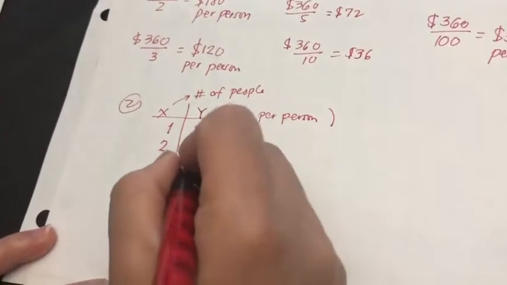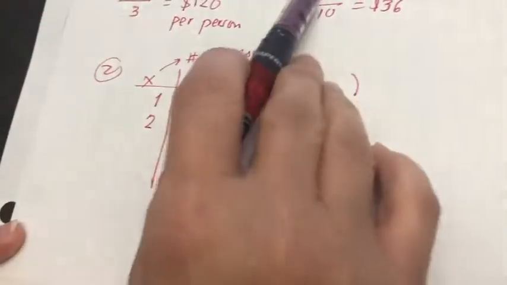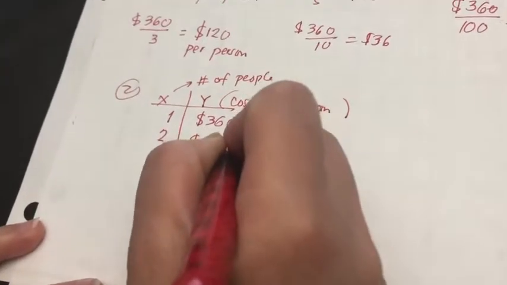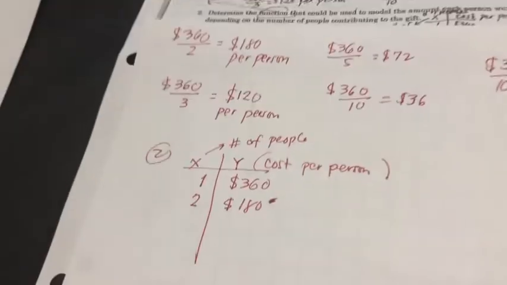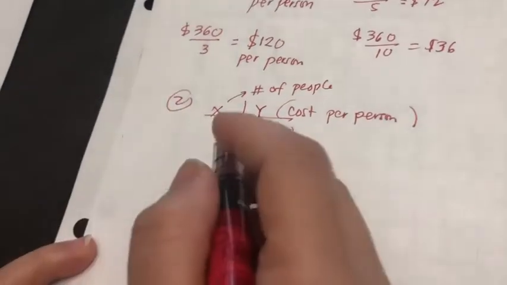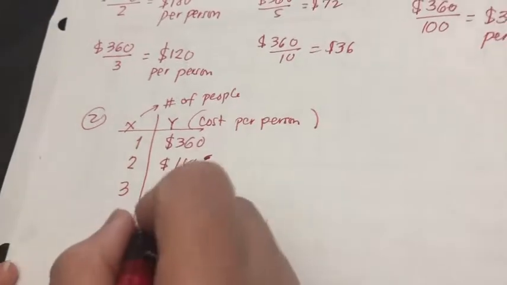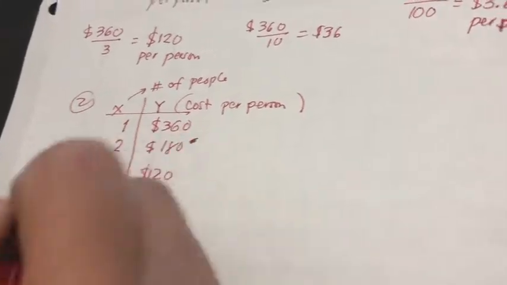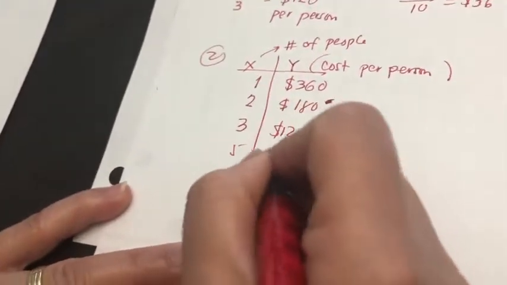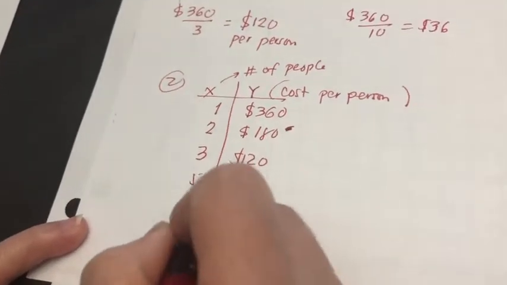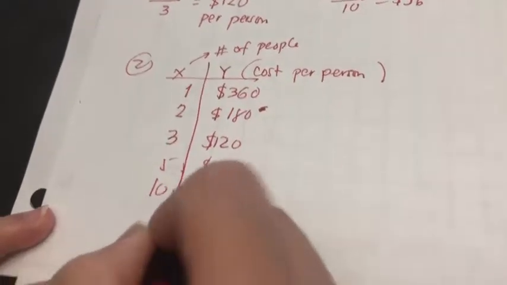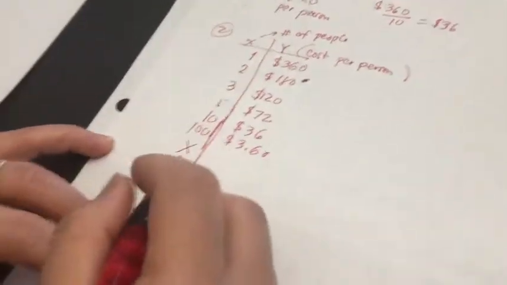If there are 2 of you, basically I'm summarizing what values we got a while ago, $180, sorry, I'm thinking of my pre-calculus. So for 3, $120. For 5, $72. For 10, $36. For 100, $3.60.